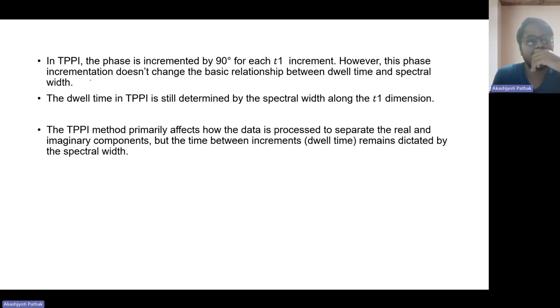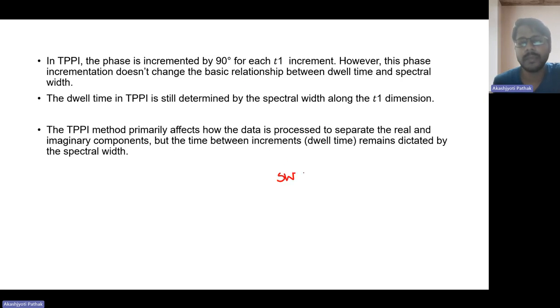Now, in TPPI, the phase is incremented by 90 degrees for each T1 increment. However, this phase incrementation does not change the basic relationship between the dwell time and the spectral width. The RF pulse phase is changed by 90 degrees for every T1 increment, but this will not change the spectral width.